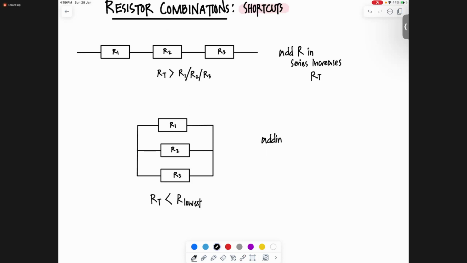Adding R in parallel কি করে? If I keep adding R in parallel, what happens to the total resistance? Decreases, right? Because the lower value you add, the total resistance will go lower than that.